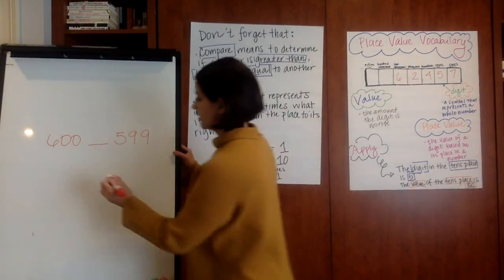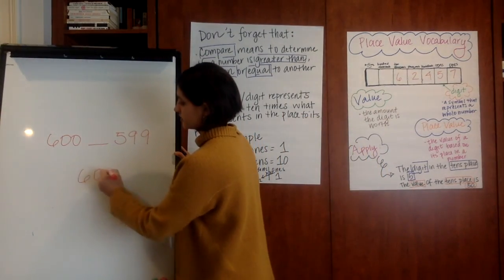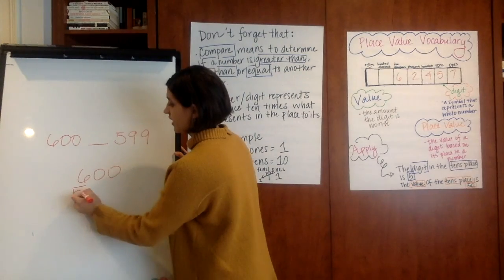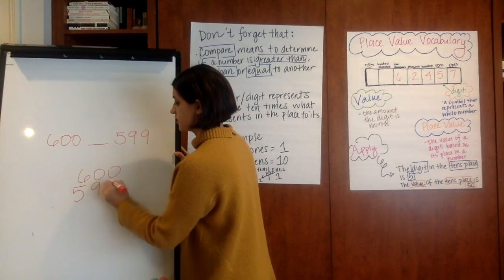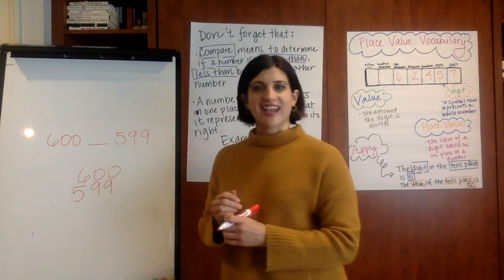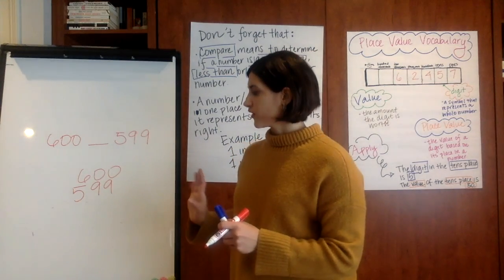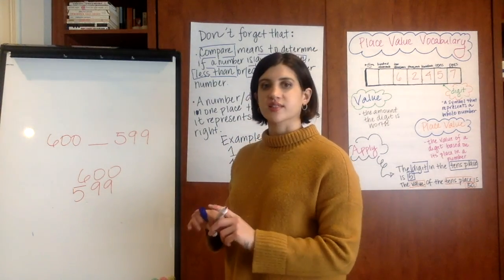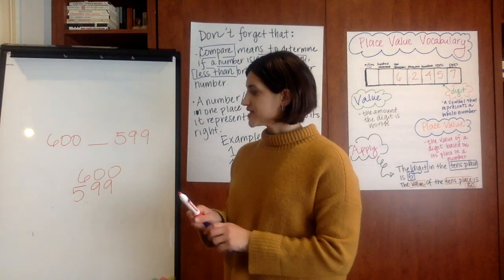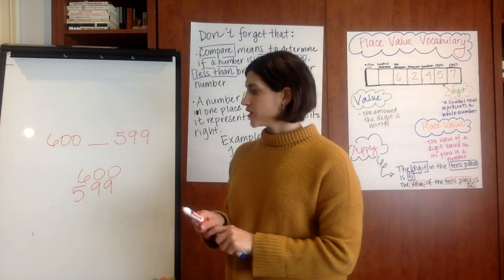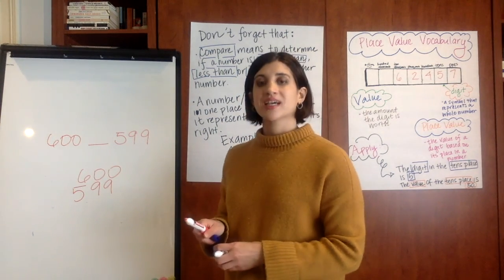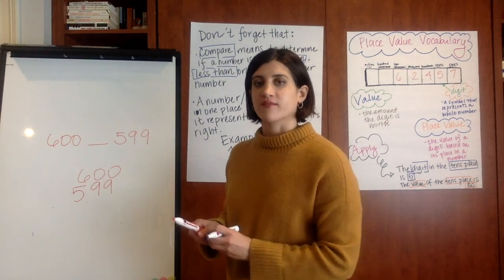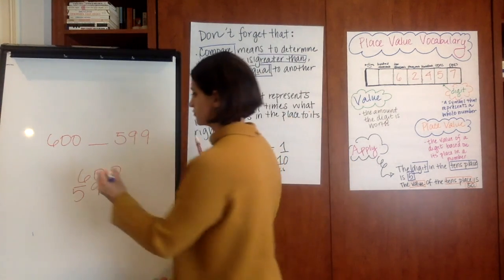I put the 600 and the 599 right below it. Again, I start from the farthest left place value, which in this case is the hundreds. And I have a 6 in one of the numbers and 5 in the other one. And I know that 6 is bigger than 5, so I stop.